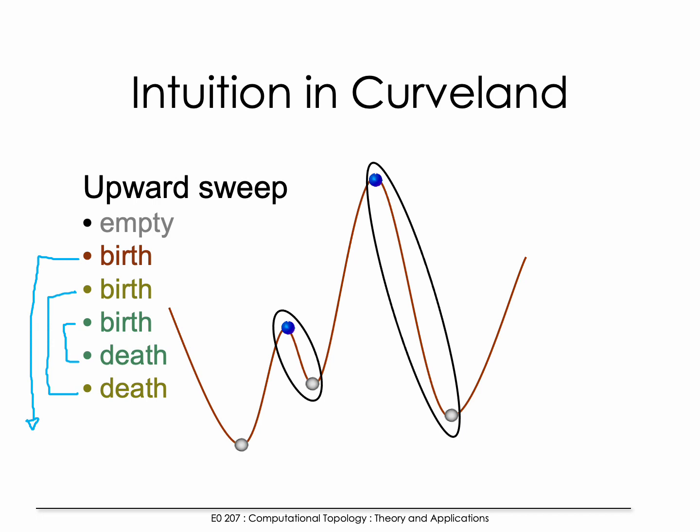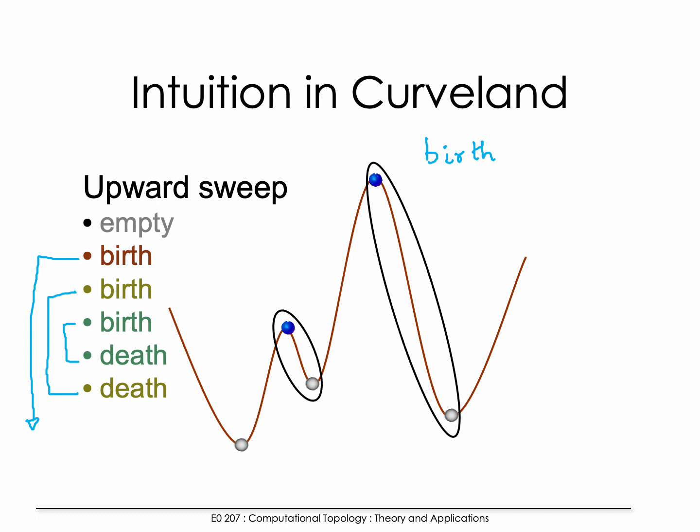So as a part of this exercise, we have seen that there are these birth and death events. There is a birth event that corresponds to the creation of a component, because this is a one-dimensional function, the only kind of cycles that we will have are the zero-dimensional cycles, hence components.